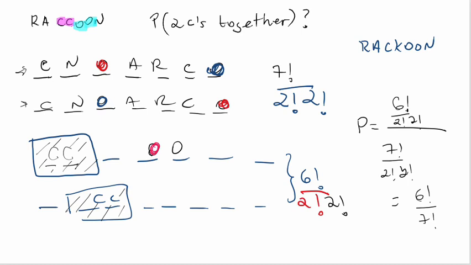So we'll reason the same way. I have 1, 2, 3, 4, 5, 6, 7 slots. But now I'm going to stitch 2 slots together. Okay, I'm going to stitch 2 slots together. And inside that slot, I'm going to fix one C and another C.